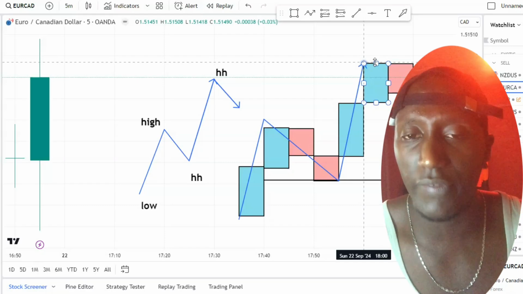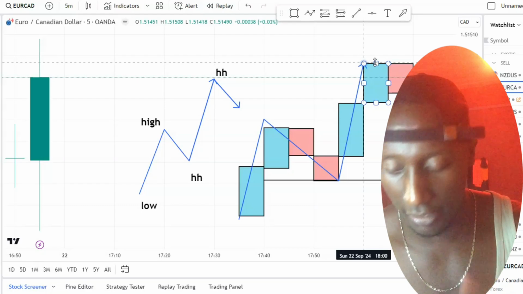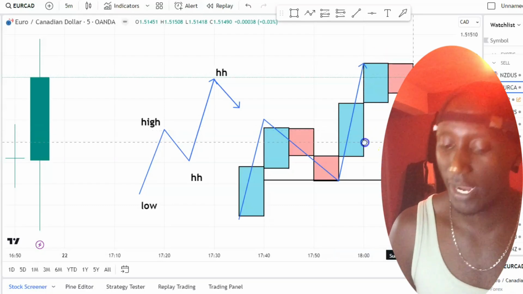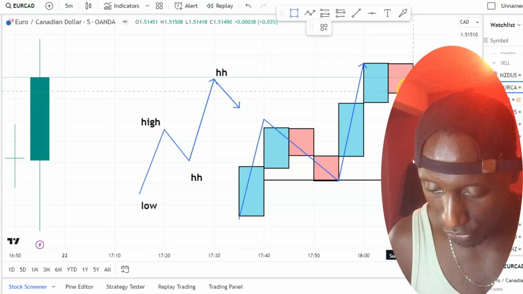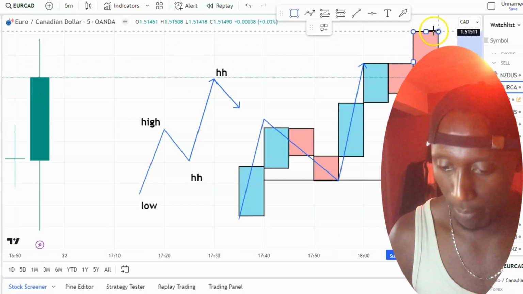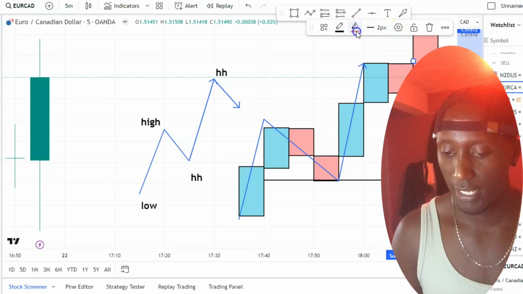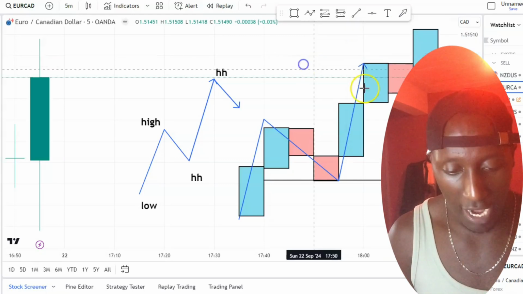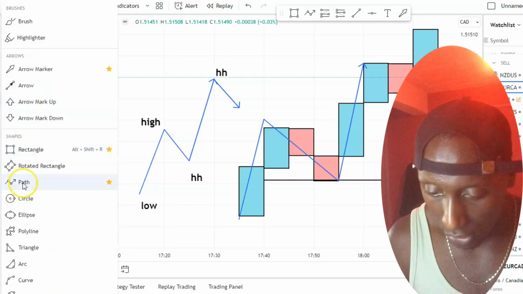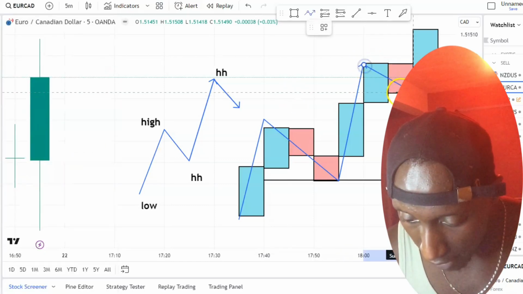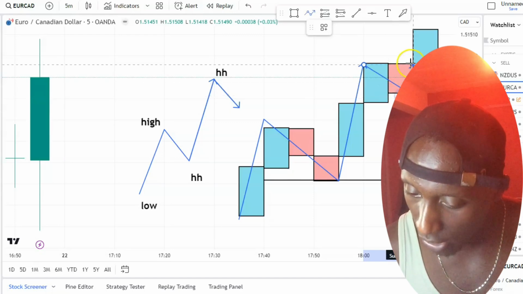So even if it's a small reversal, even if it's one candle, it can be a low. If price continues higher and gives you a bullish candle like that, then you have a new low here. This one candle is your low, and then you continue higher.